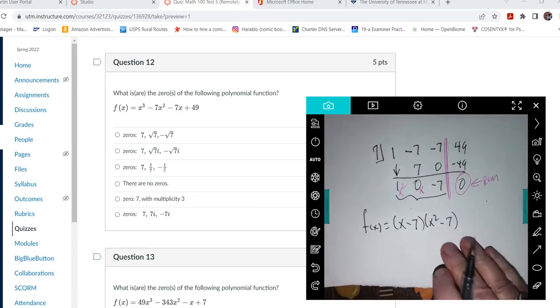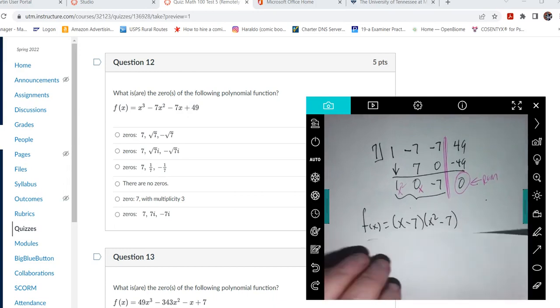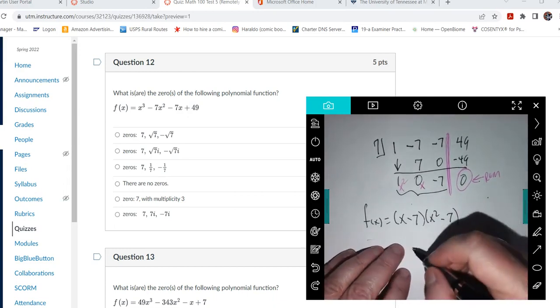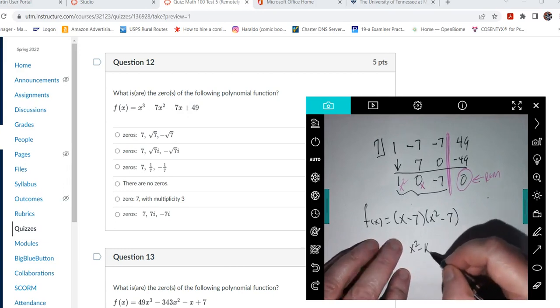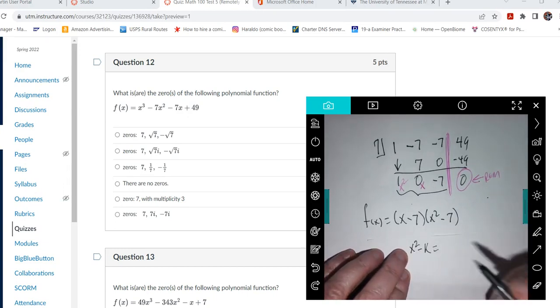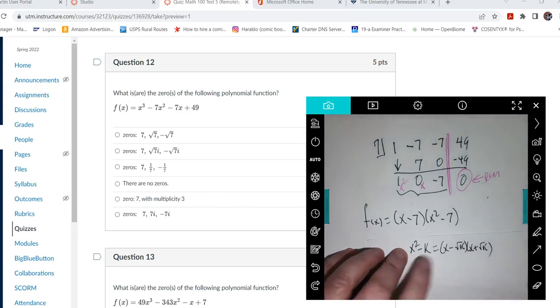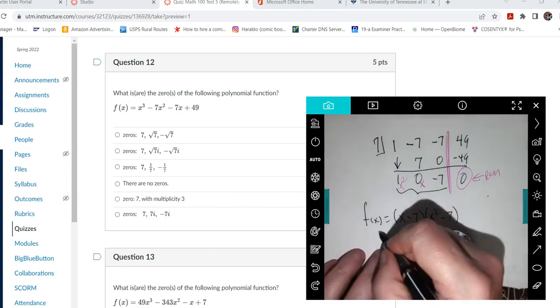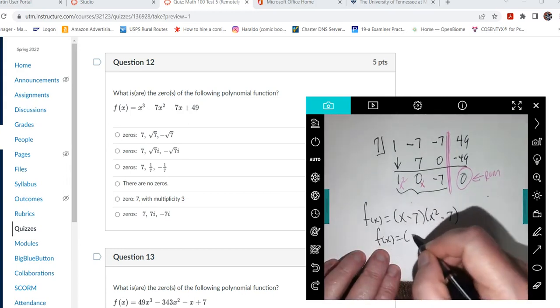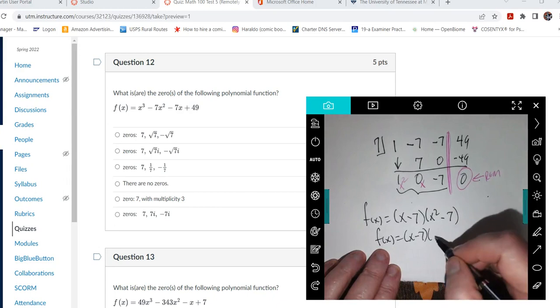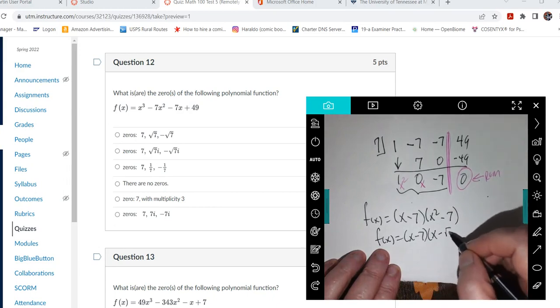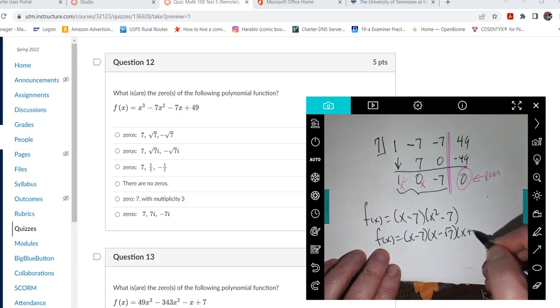So again, there's that result that we've been using all semester. If you have something like that, it always factors: x minus the square root of k times x plus the square root of k. And here the number is 7. So I'm going to have x minus 7 times x minus the square root of 7 times x plus the square root of 7.